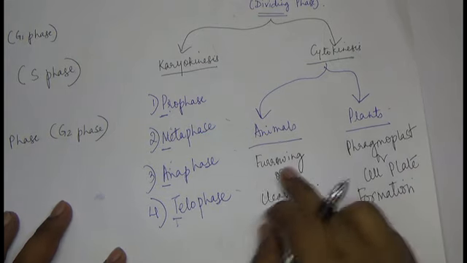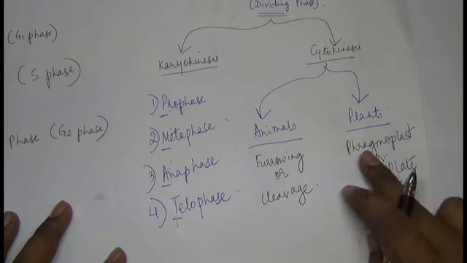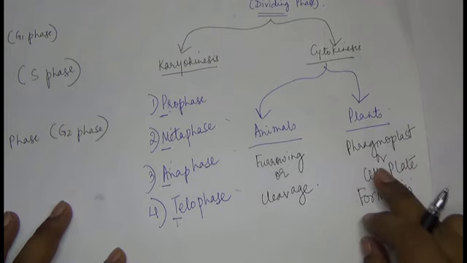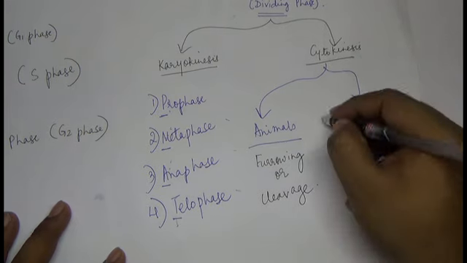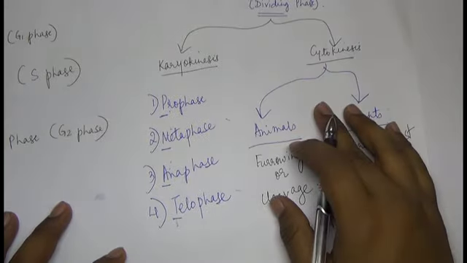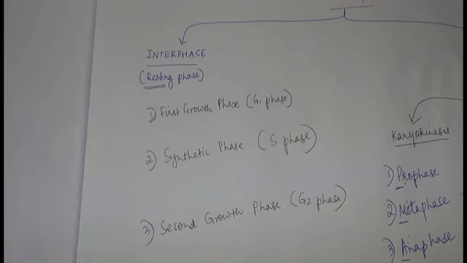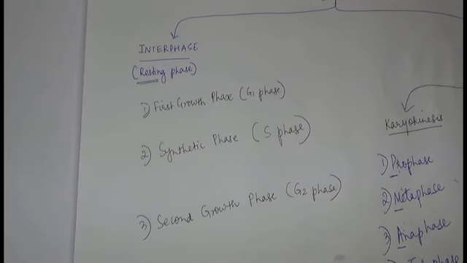For animal cells we have furrowing or cleavage, and for plant cells we have phragmoplast formation or cell plate formation. We'll be discussing about all of them later on. Clear? But let us discuss about the interphase first over here itself.